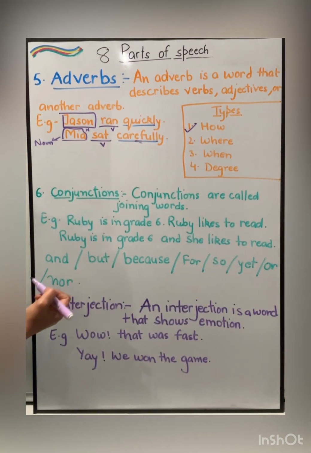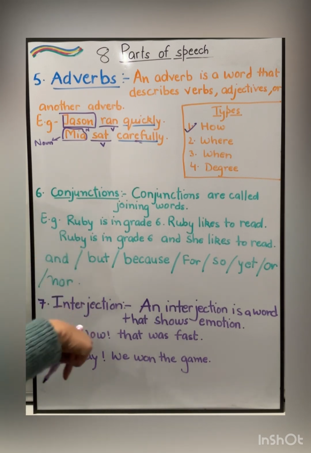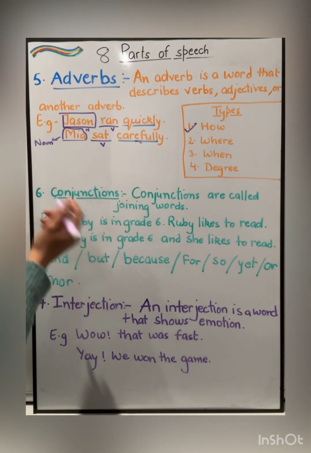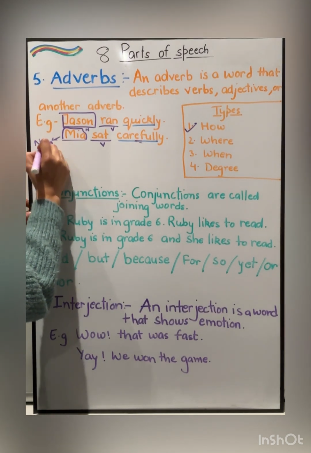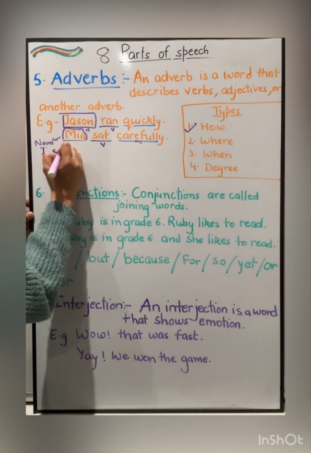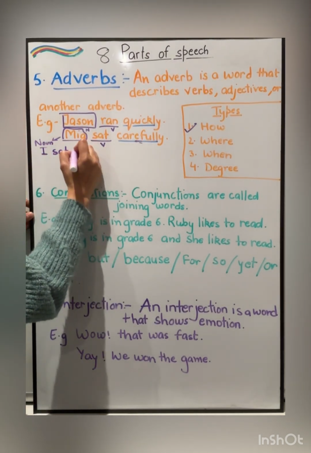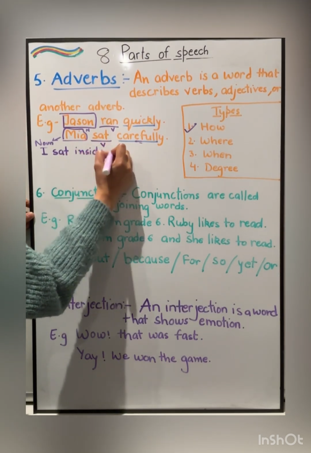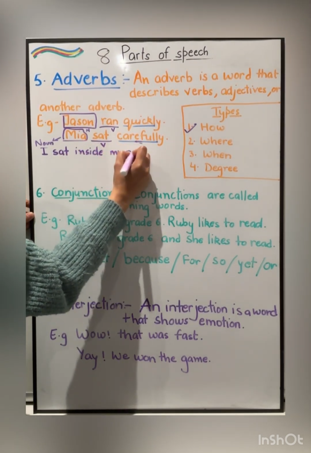Where the action has been done. Did we do the action here, there, outside, inside? Where? For example, I sat inside my room.